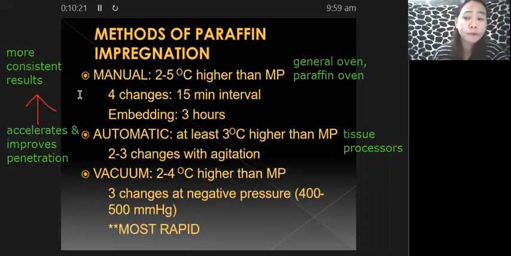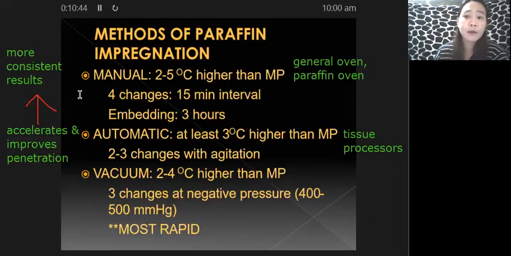Another is, for example, if the personnel is so tired during that day. And apart from that, you cannot really agitate your sample or your solution in the manual procedure.